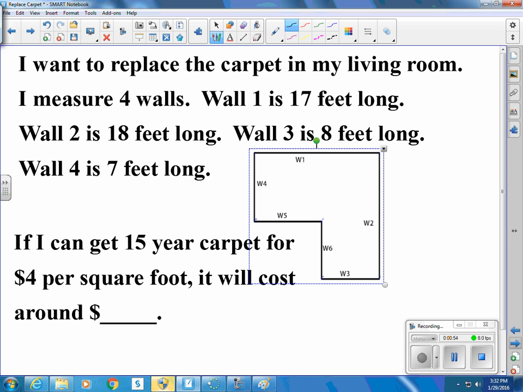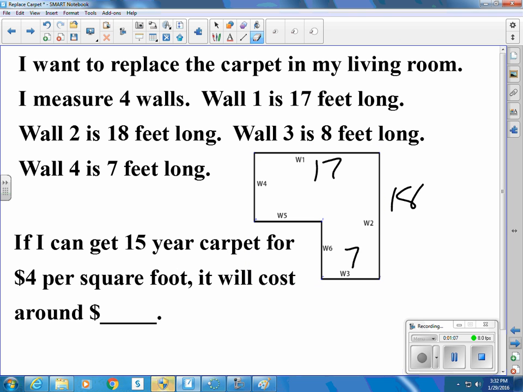Okay, so I want to replace the carpet in my living room, and I measure 17 feet by 18 feet by 8 feet by 7. Okay, so one way to do that would be to figure out the area of the entire room as if there were no corner missing.